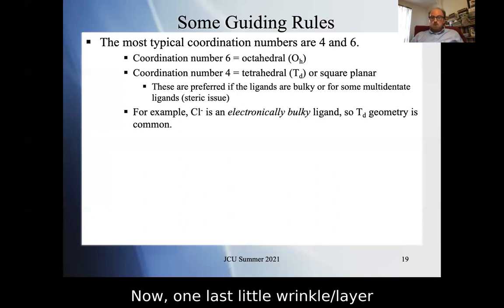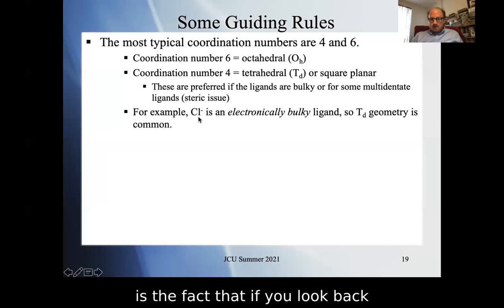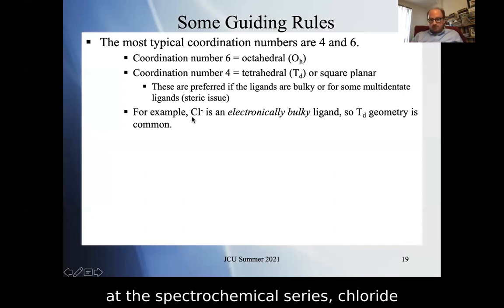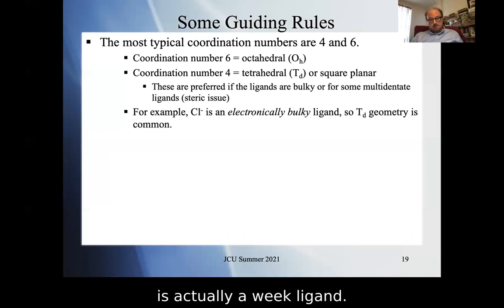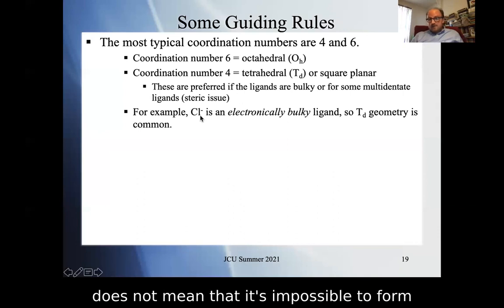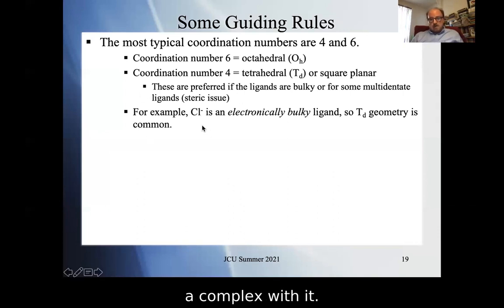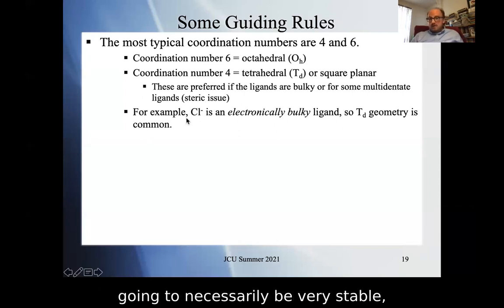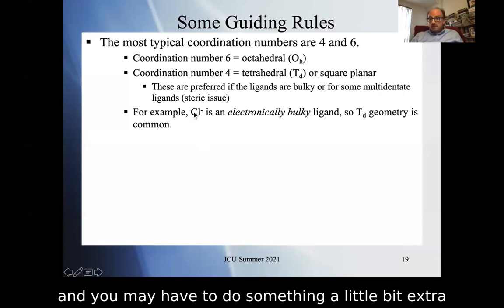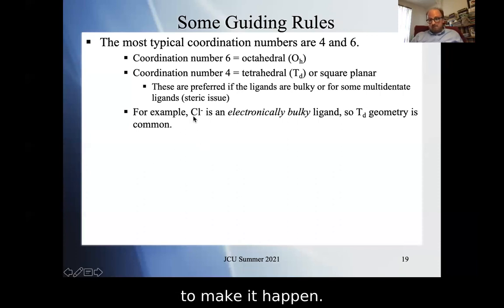Now, one last little wrinkle is the fact that if you look back at the spectrochemical series, chloride is actually a weak ligand. That being said, a weak ligand does not mean that it's impossible to form a complex with it. But what it means is that it's not going to necessarily be very stable, and you may have to do something a little bit extra to make it happen.